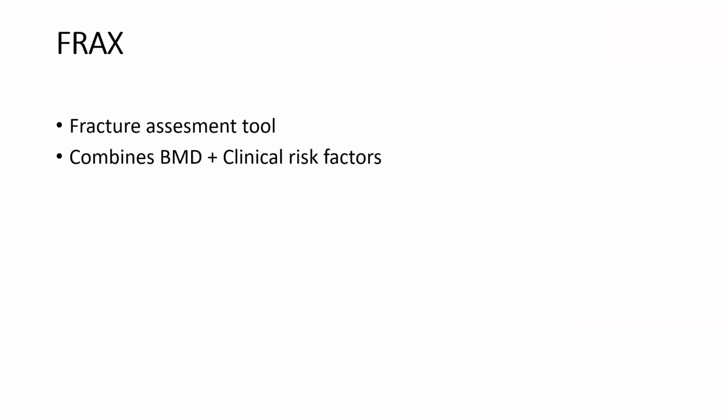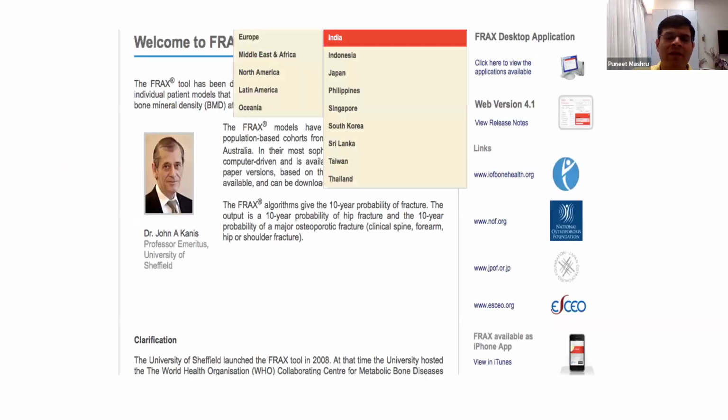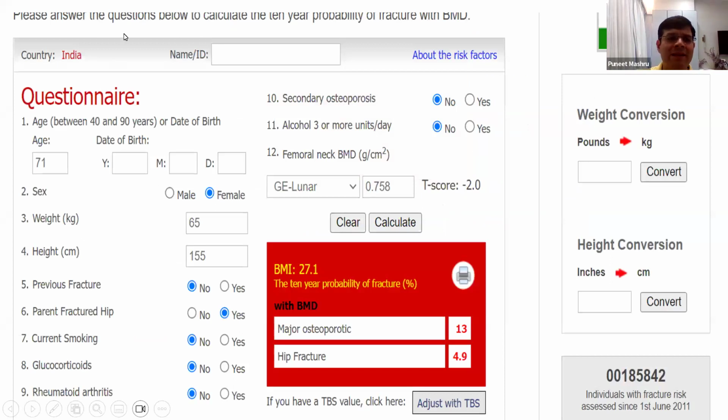That is why many experts came together and decided to form a fracture assessment tool, and one such tool is called FRAX, which combines BMD data along with some clinical risk factors to give you a better way to assess and treat these patients. So you Google FRAX, and you can put India as the option there, and you fill in the details.